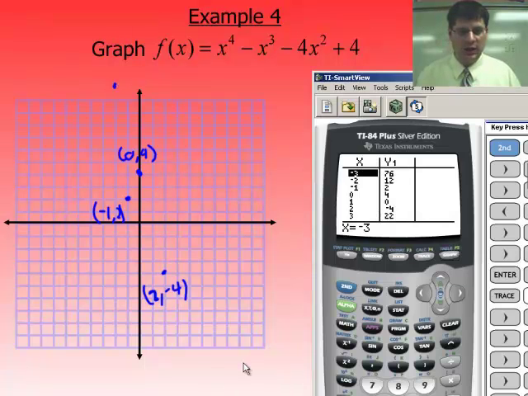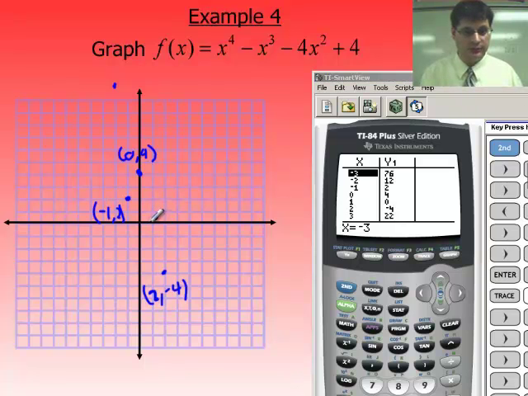And I already have -1 and 2 when we found the local minimum. When we found that local minimum, and that's not always going to be the case that it's going to be 2 integers for the x and the y. More likely, you're going to get some weird decimal. We have 0, 4. Let's plot 1, 0.